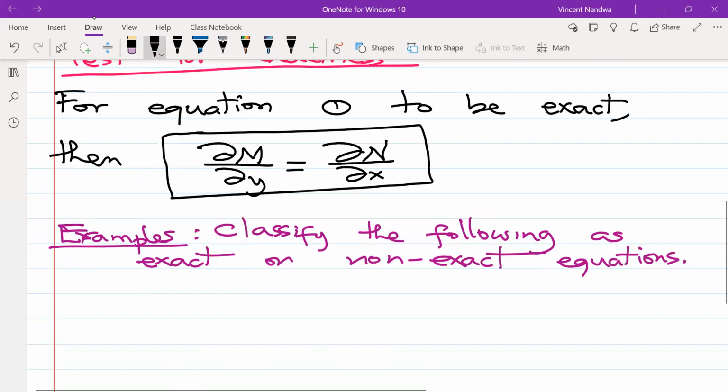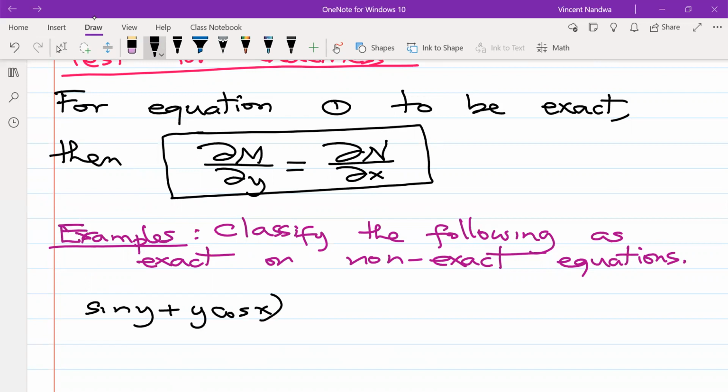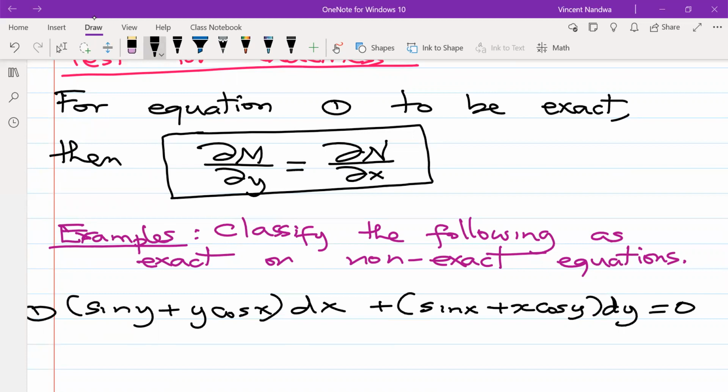So the first equation is sine of y plus y cos x dx plus sine of x plus x cos of y dy equals 0.